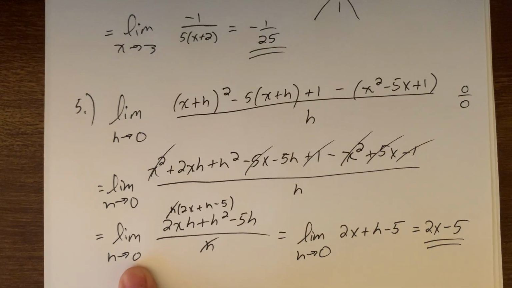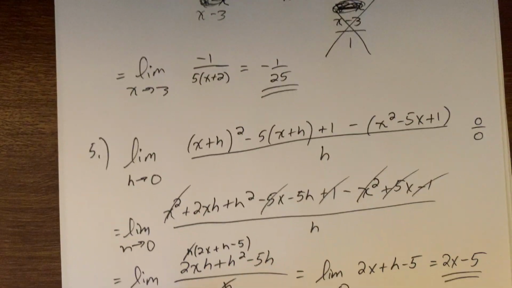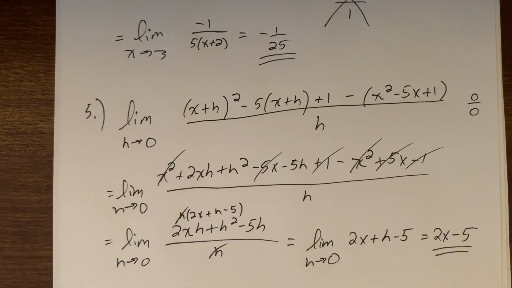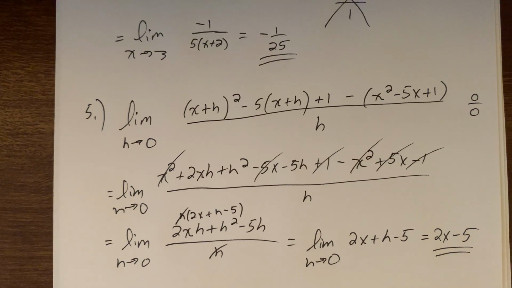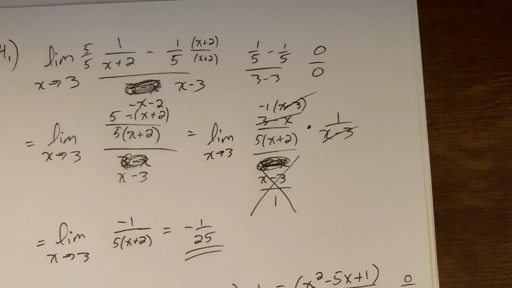We're approaching an h. But when we're done, if you're approaching an x, there are no more x's in your answer. Here, if you're approaching an h, there are no more h's in your answer. So let's do two more. And now let's finish these h problems, and let's take advantage and combine a few ideas.